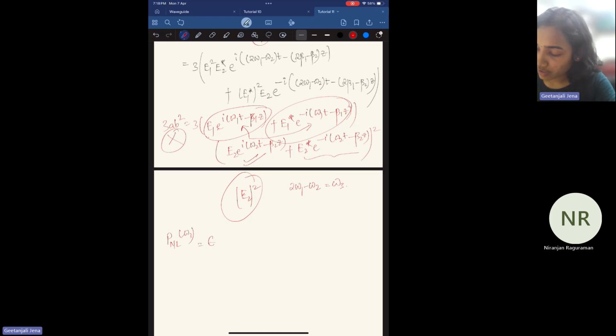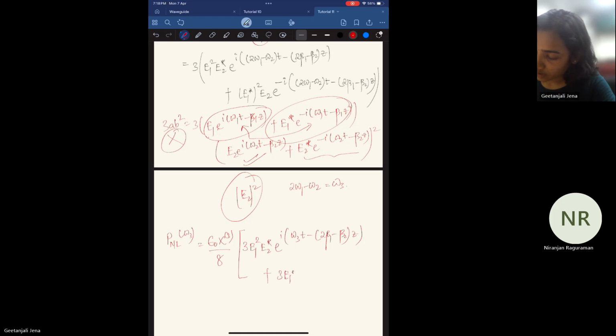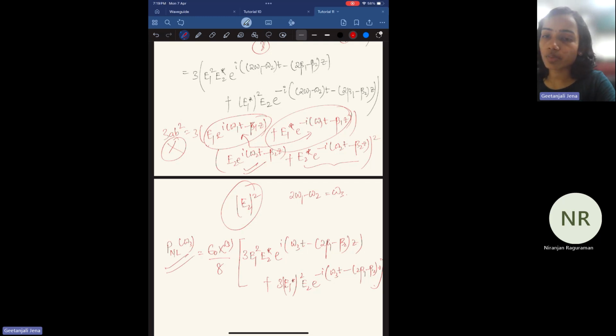We just need to multiply with epsilon chi 3 by 8: 3 e1 square e2 star e to power I (omega 3 t minus (2 beta 1 minus beta 2)z) plus 3 e1 square e2 e to power minus I (omega 3 t minus (2 beta 1 minus beta 2)z). Okay, so this is for the first part of the question.